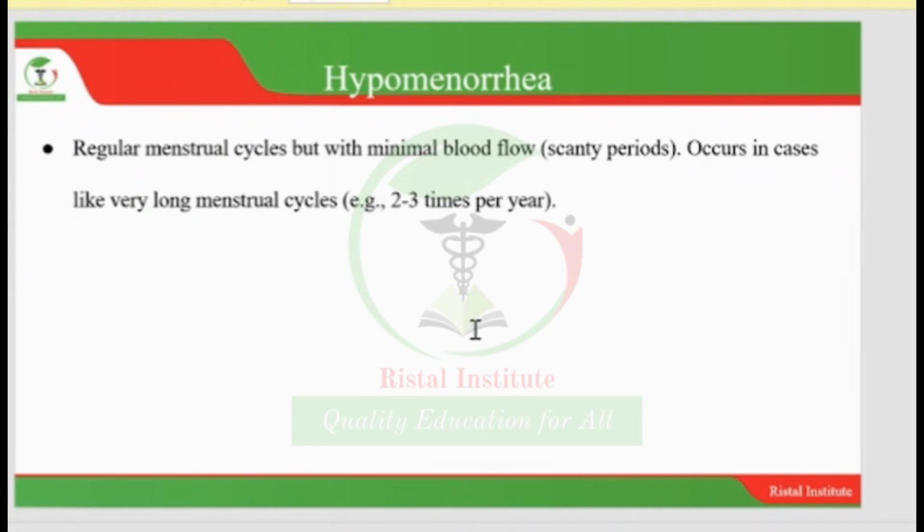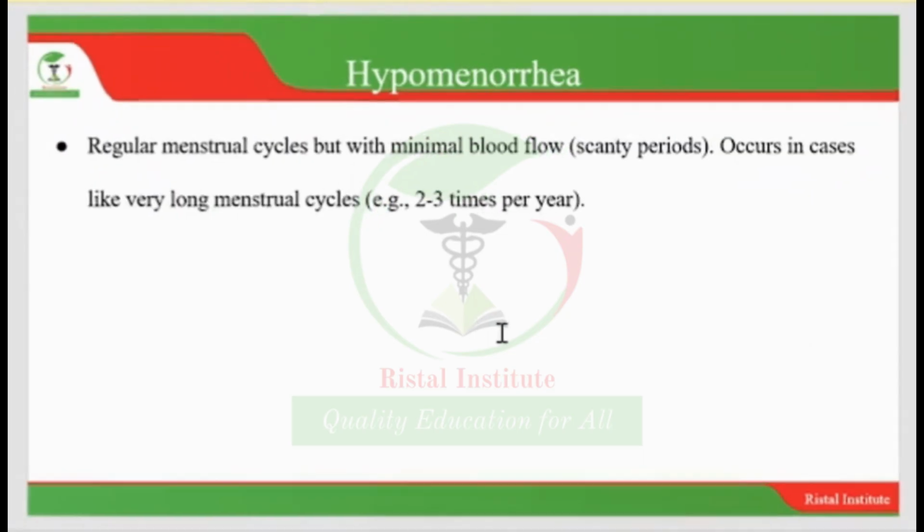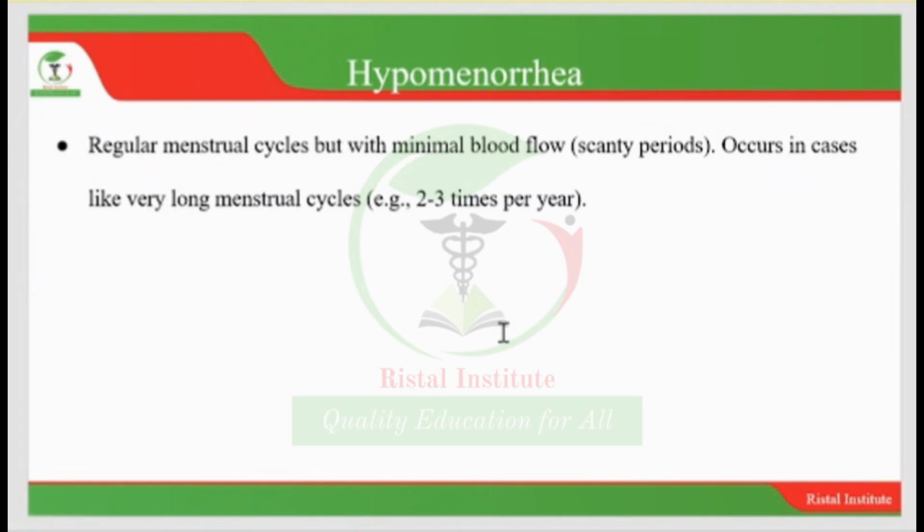Then the other pattern is hypomenorrhea. Hypomenorrhea refers to regular menstrual cycles but with minimal blood flow. Scanty periods, this is what we can term them. They are regular, they come regularly, but the flow is scanty.